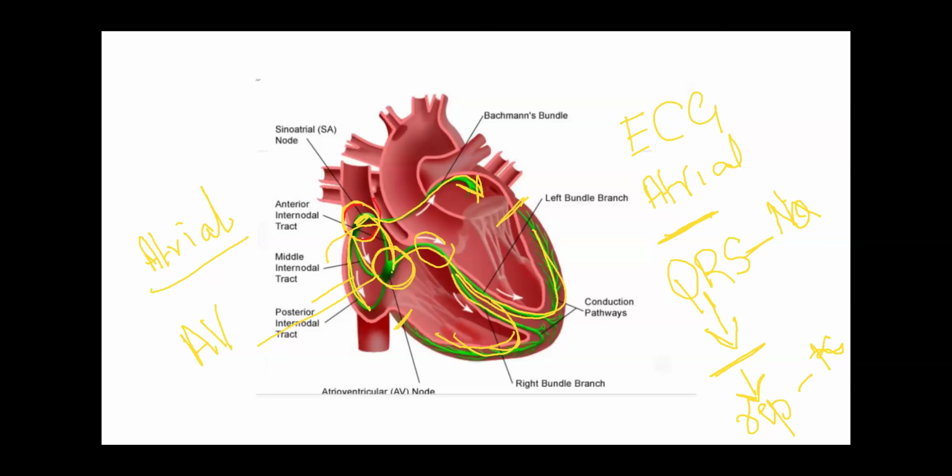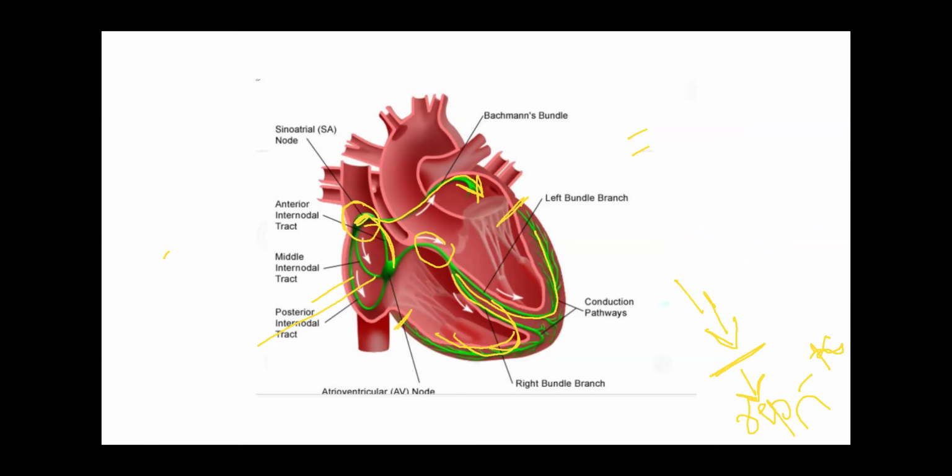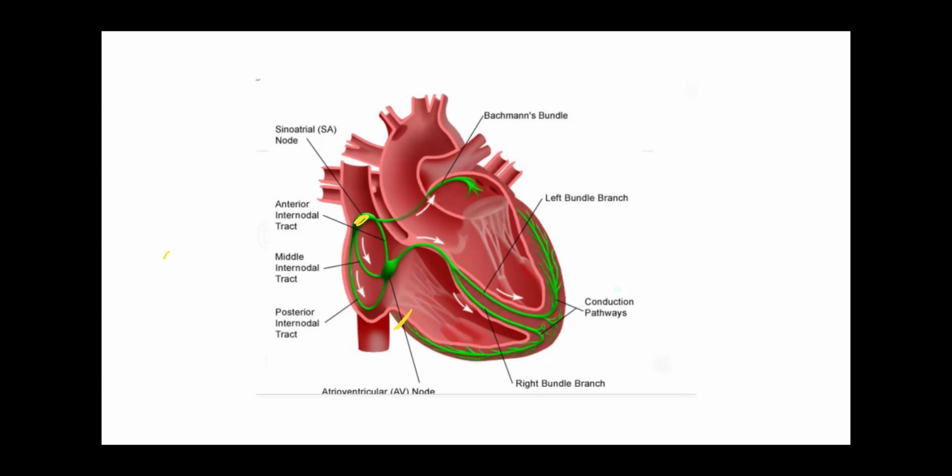That repolarization phase causes the T wave, and we will cover all this in subsequent slides. If anything is not clear at any time, you can directly ask. Don't wait for the end.